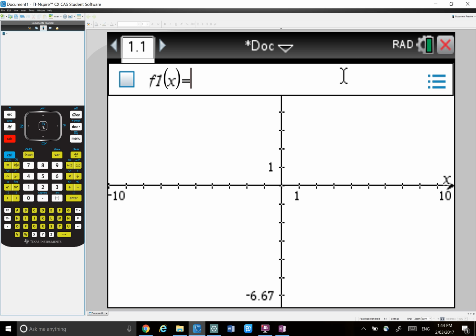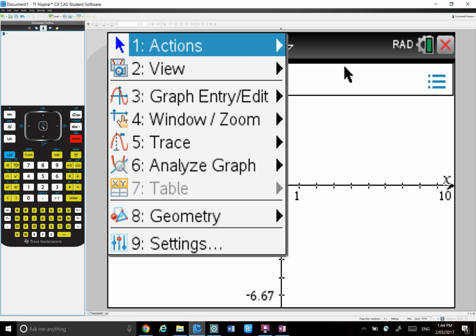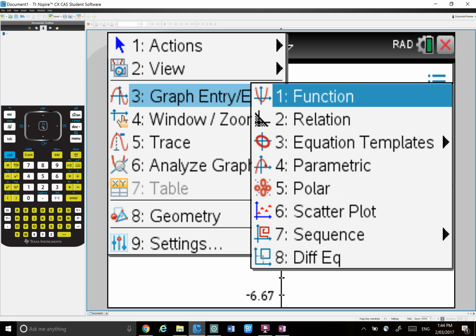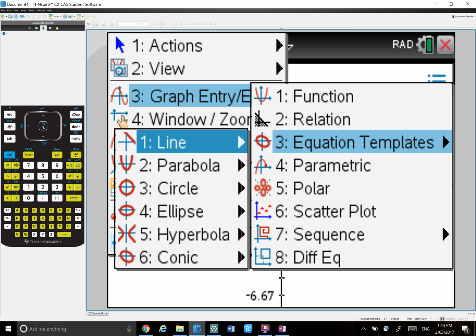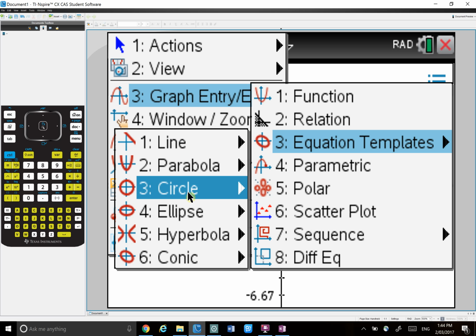You can't put y in, so there is no space to put the y values in. So we can go another approach. Go menu number 3, graph and graph entries, and then we have entry equation templates, and then we have all of those graphs. And say we have circles here.